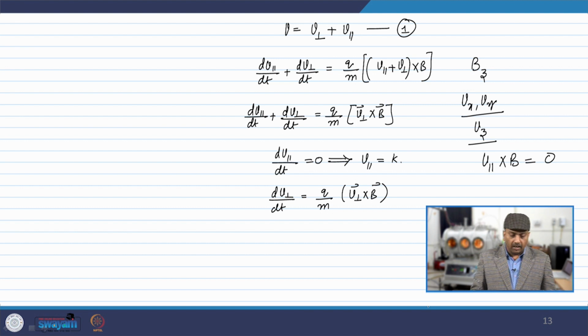So, the magnetic field has no effect on the component of velocity which is parallel to it, and it only affects the perpendicular component v perpendicular, right.